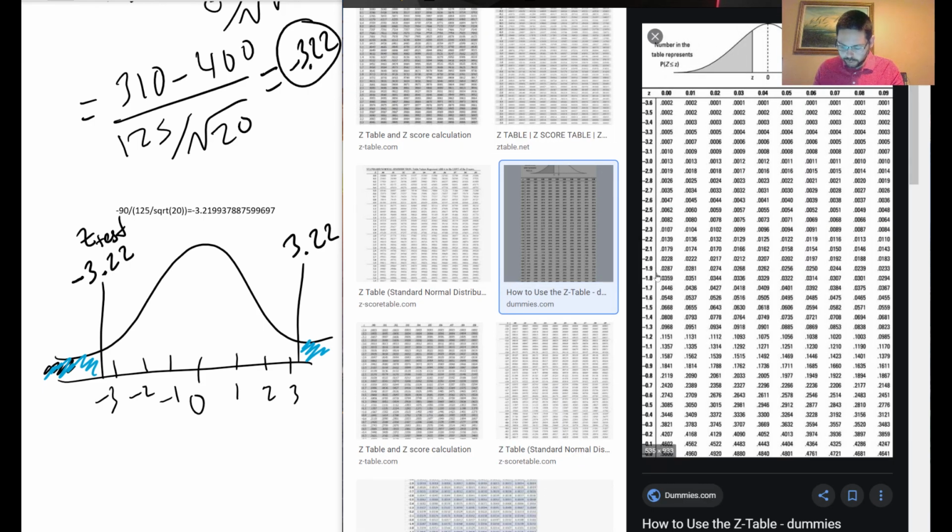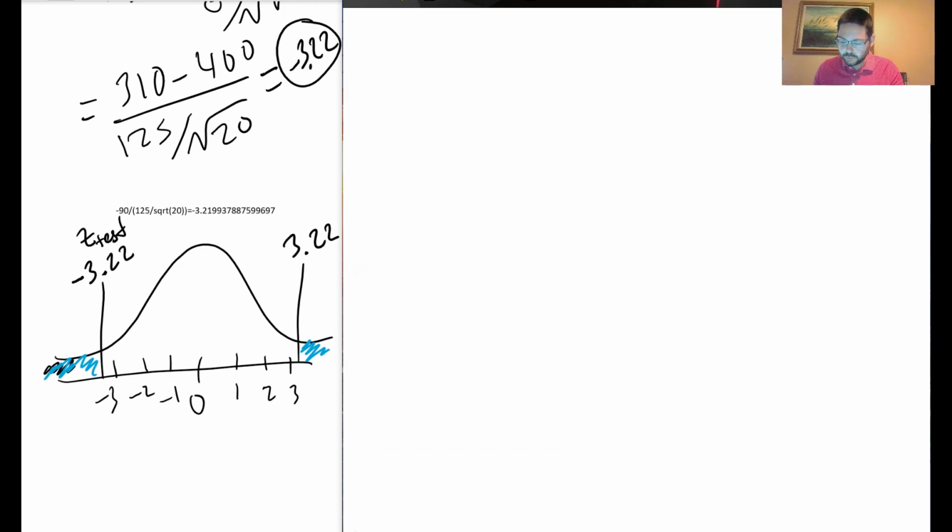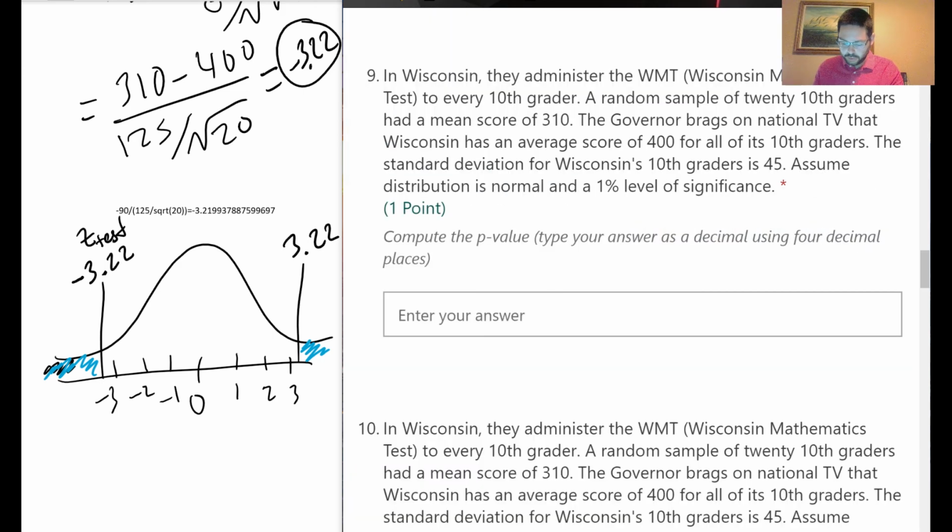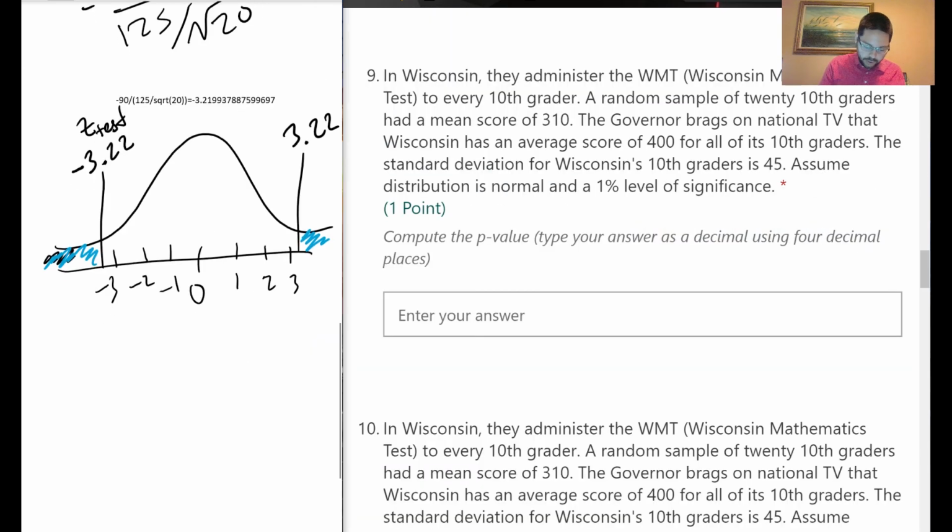So here, we're looking it up for negative 3.22. That's going to be 0.0006. Very small. You can't see it from your end. 0.0006. All right, so that means that this area is 0.0006, which means that this area has to be the same.